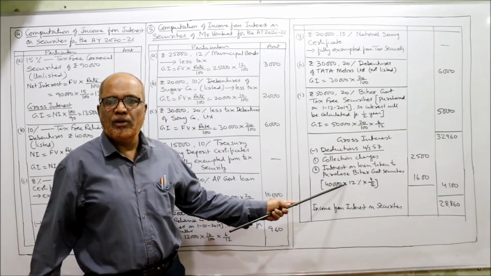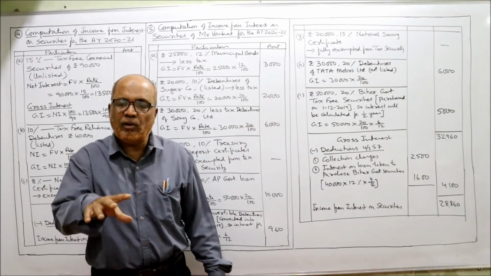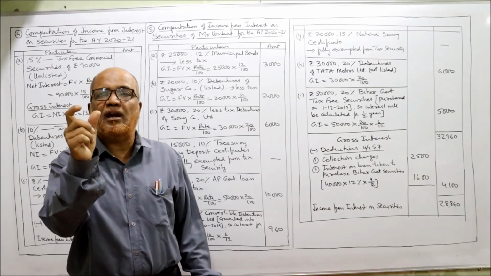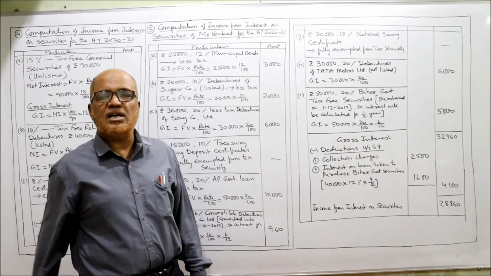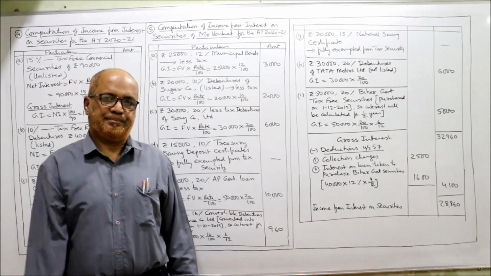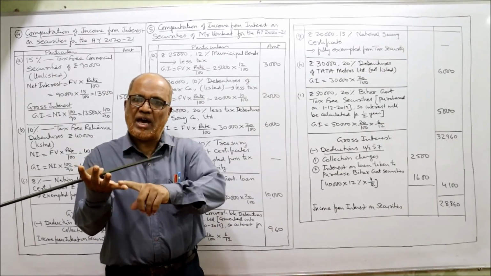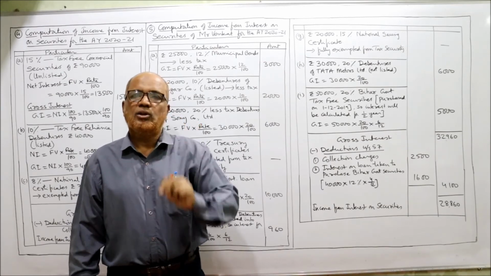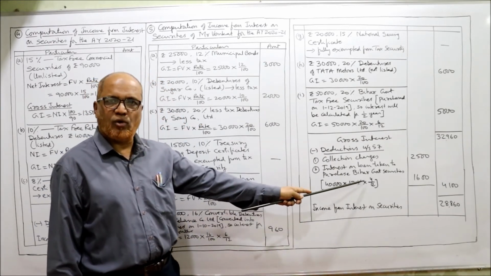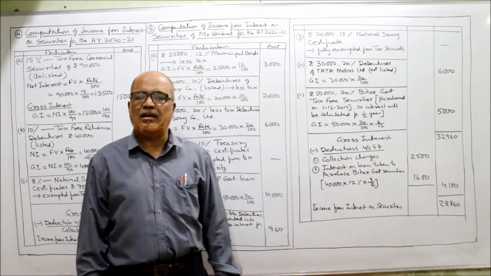So 40,000 into 12% gives the interest for 1 year, but we have to calculate the interest for the period of the loan. The loan was taken on 1st December, so December, January, February, March: 4 months. So 40,000, 12%, 4 by 12, you will get 1,600.